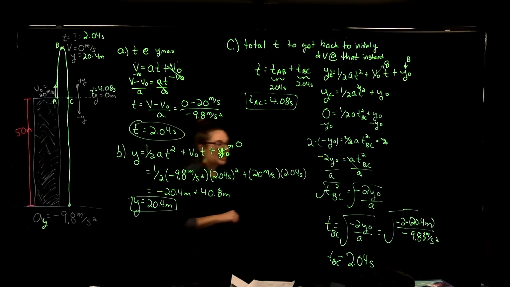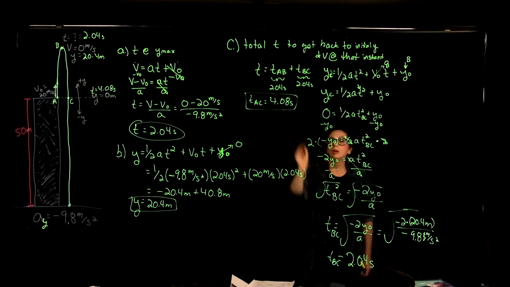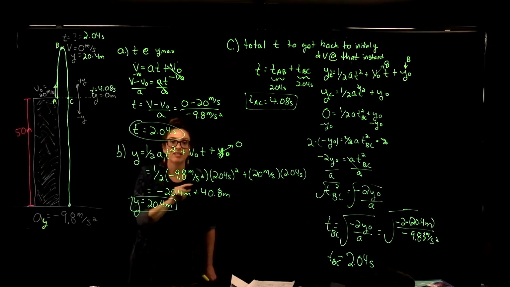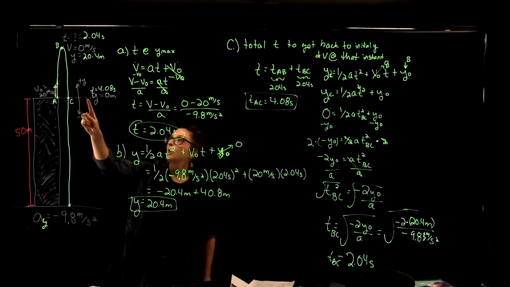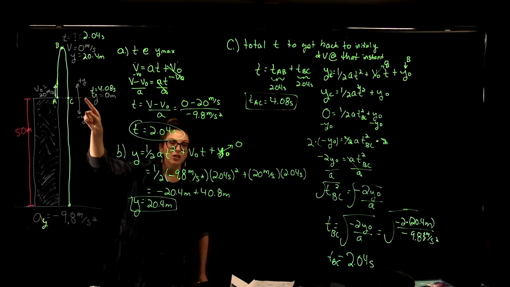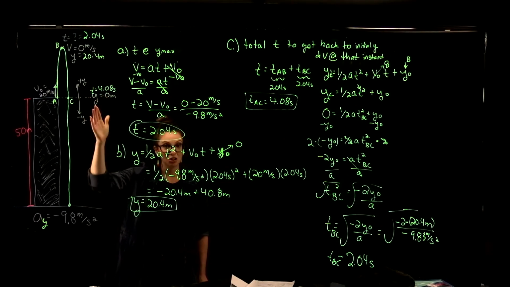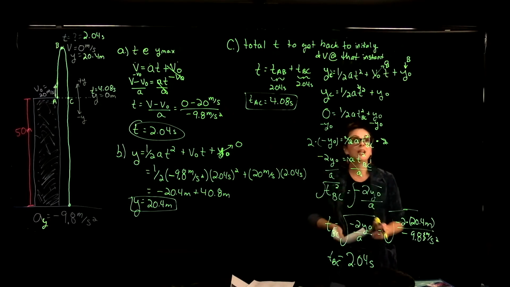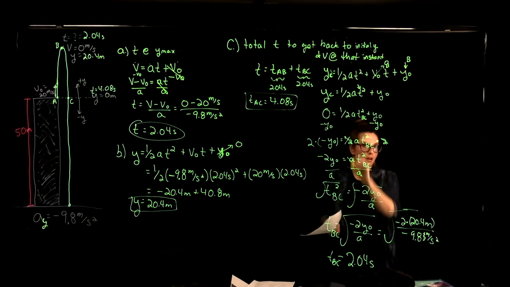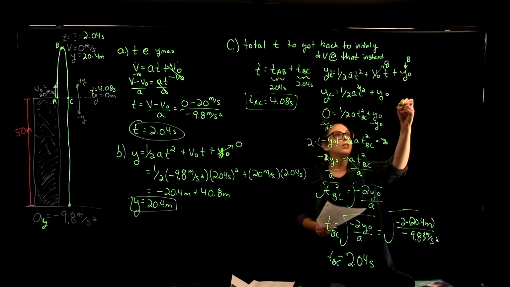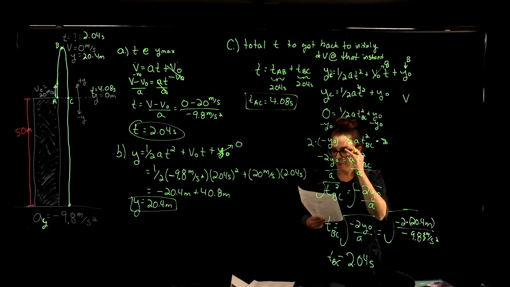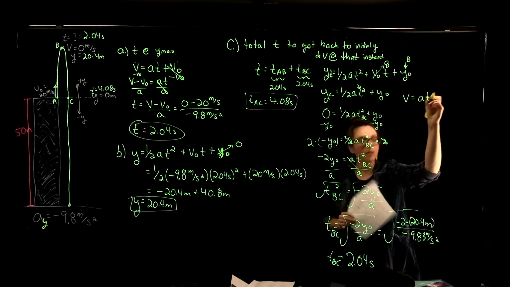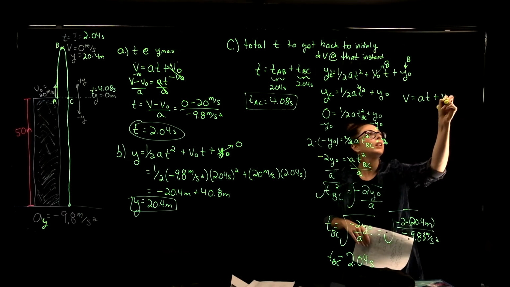Now the second part of that problem, or part C here, is to find the velocity at this instant, the velocity when our ball gets back to the initial height from where it started. In order to find that speed, much simpler than all this work that we did right here, we can use the equation v is equal to at plus v naught.